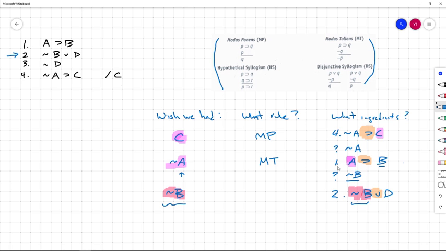The other potential ingredient we were checking out was A horseshoe B, so it made sense to treat this as an A that was negated, because we were trying to use line 1. And modus tollens tells you that what you're deriving is the consequent with that negation added to it in front.